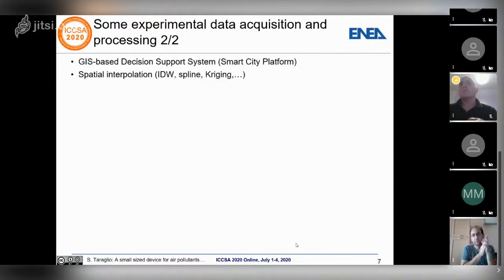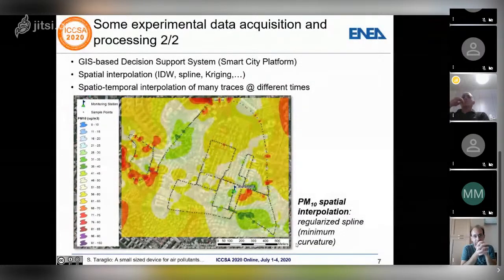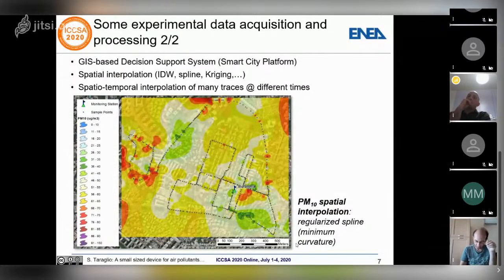So, once those data were acquired, they were transferred to the Smart City platform, a GIS-based decision support system, in order to perform an interpolation and test a communication channel between the sensor deployed on the road and the central Smart City platform.